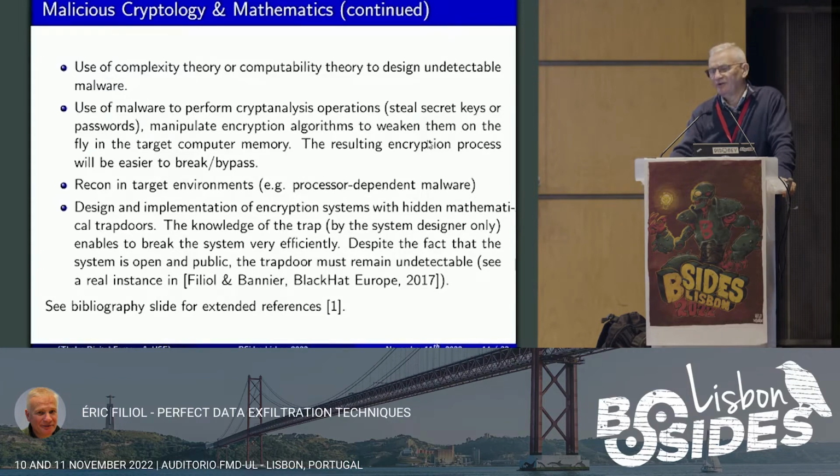We published an algorithm which is very similar to the AES, the international standard. And there is a trapdoor, and in less than 30 seconds, you are able to break it and find the key. So malicious cryptography and mathematics must be considered in cybersecurity because it is the power of mathematics and cryptology put to the service and benefit of attackers.